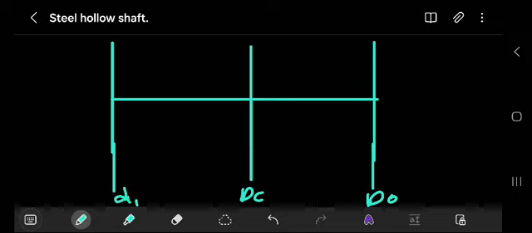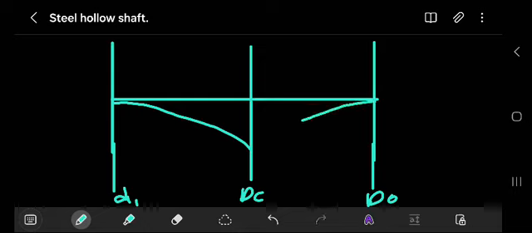But remember, we have this form now. That form goes like that, goes like this.